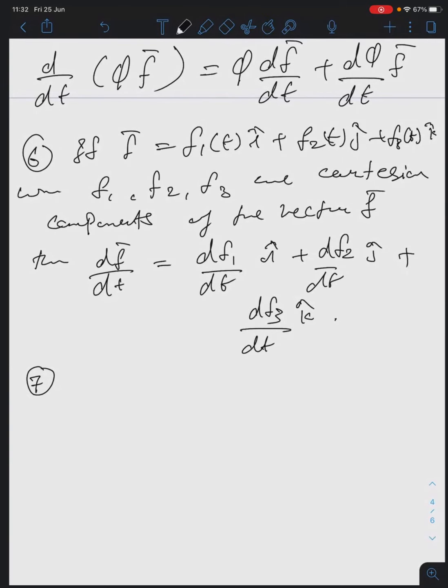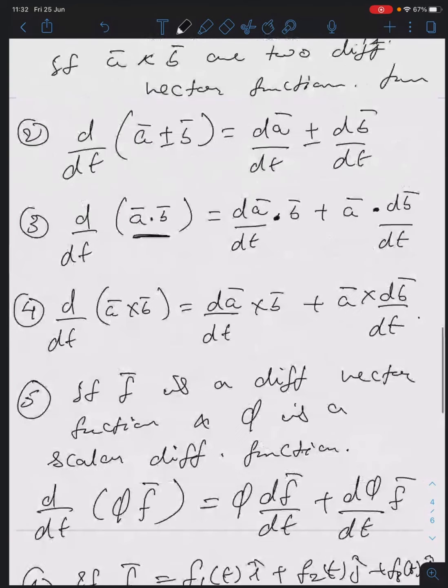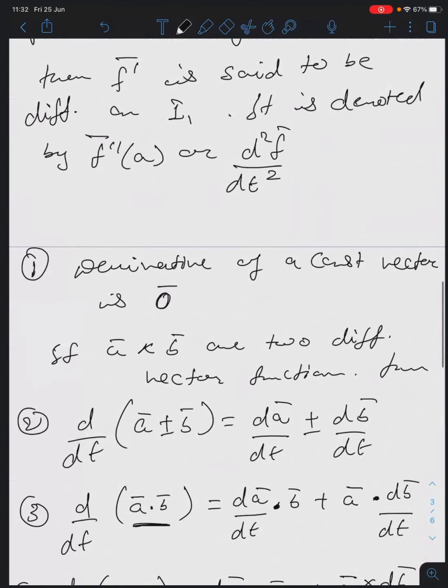So that is the necessary and sufficient, both it is mentioned. That is, it is an if and only if condition. The first statement itself we have written: derivative of a constant vector is 0 vector. This is one way of saying it. Now the other way of saying it is, if the derivative of a vector is 0 vector, then that vector should be a constant.